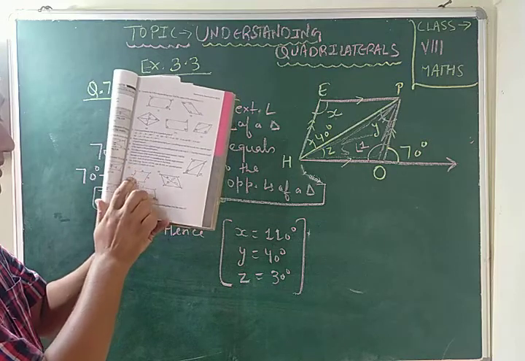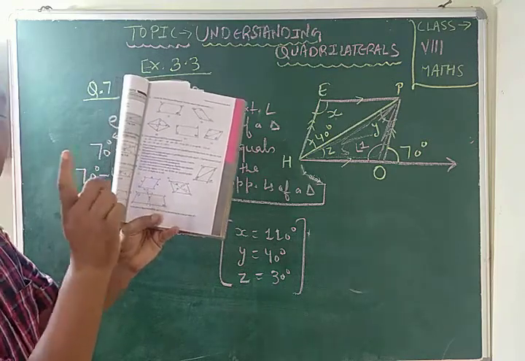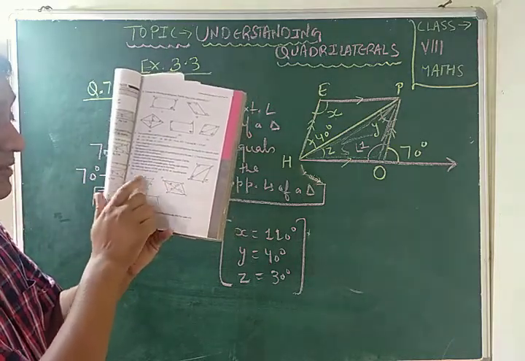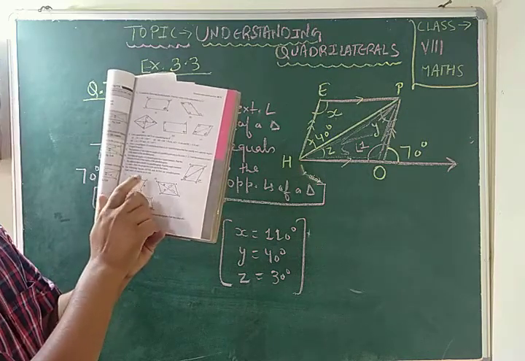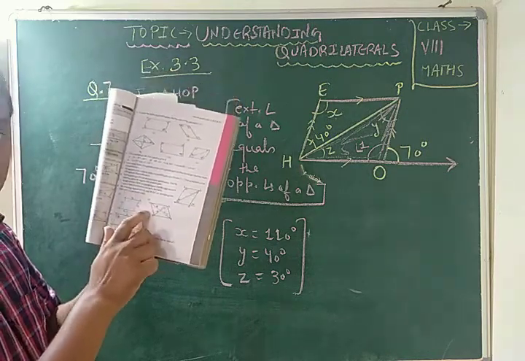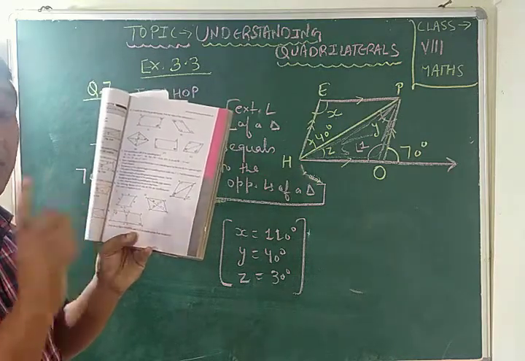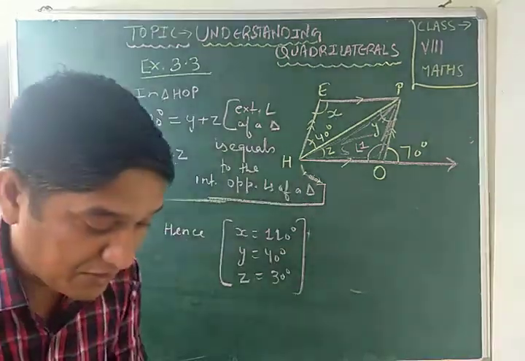But these x and y are the what? Lengths of the parallelogram. In question number 8, we are not going to find the angles. We are going to find the lengths. So children, always remember, either we have to find the angles or the sides. We must follow all the properties of the parallelograms. Now let us start question number 8.